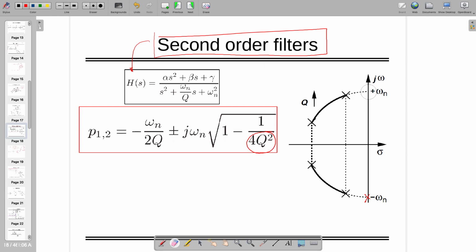However, if it is not on the j omega axis, it will be at some other place where you will have some real part also. And this has to be a positive real function and it has to be realizable.